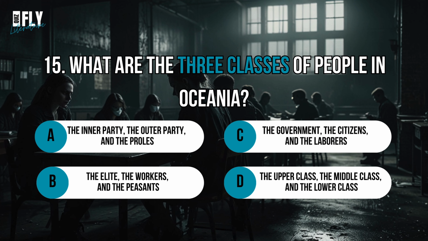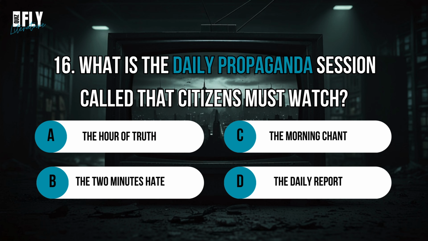What are the three classes of people in Oceania? The inner party, the outer party, and the proles. What is the daily propaganda session called that citizens must watch?